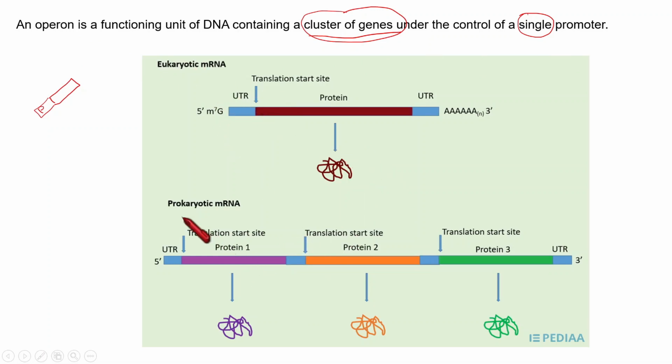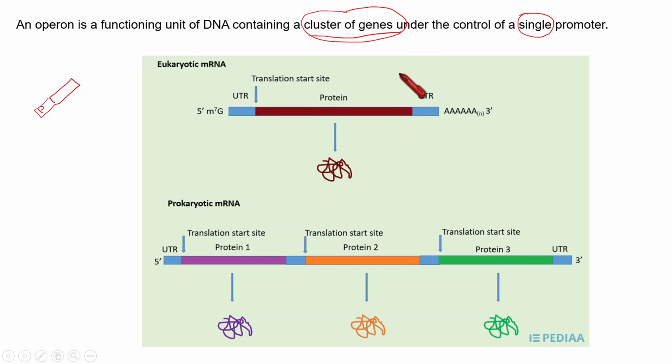As it is formed from an operon in the case of prokaryotic mRNA, that single mRNA can code for multiple polypeptides. That means it is polycistronic. Here, as it is formed from a single gene, it is capable of forming only a single polypeptide, monocistronic.